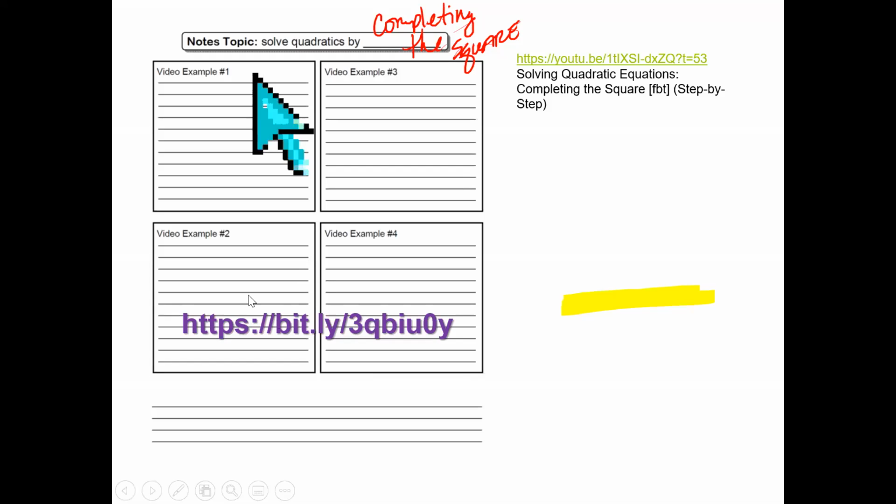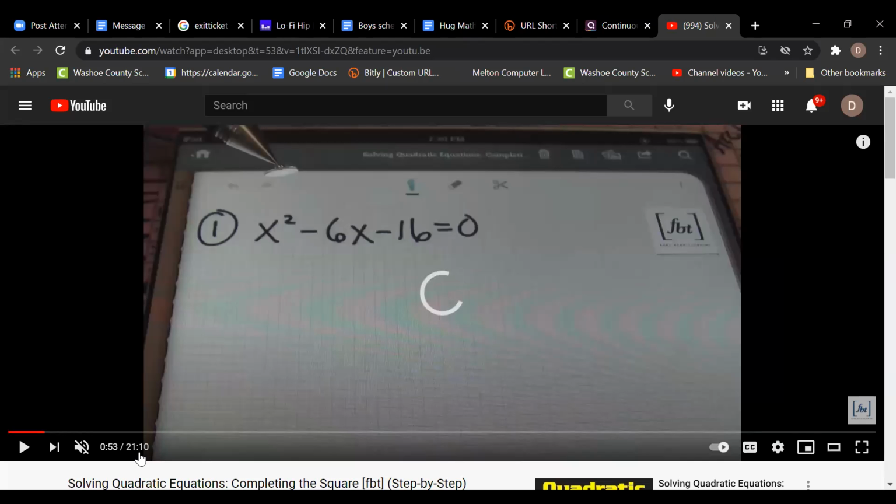Okay, so here we go. This is the tiny URL you want to type into your browser. When you get there, it's going to look something like this. And this is going to be your first question. And it's going to be about 20 minutes to watch the video, but you're going to get through it and you'll have a better understanding of how this works.